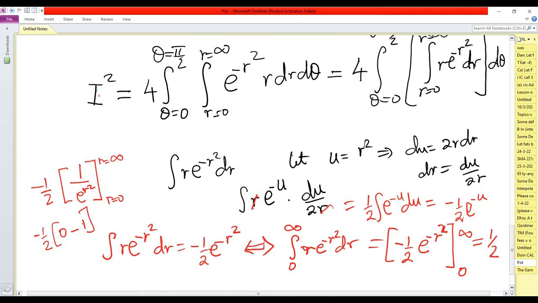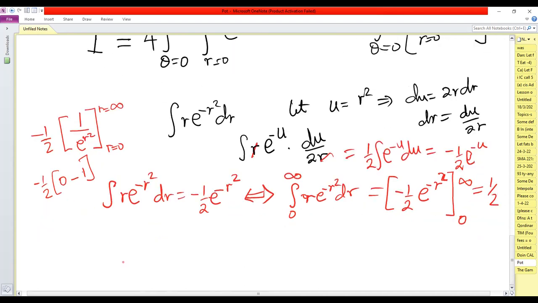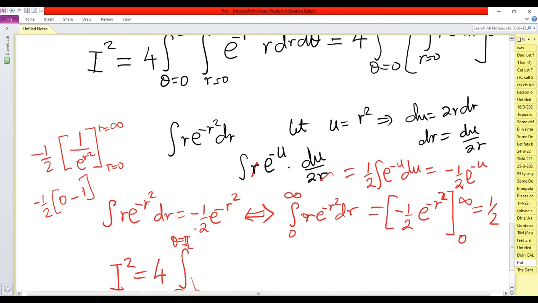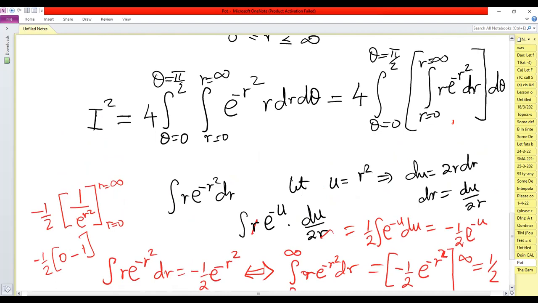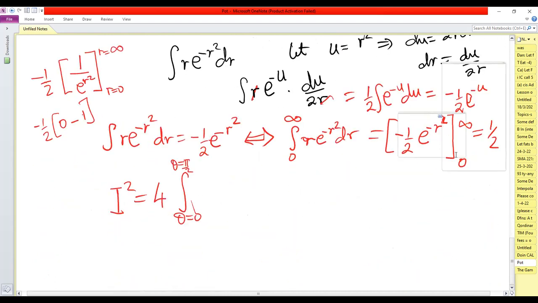So therefore, I squared will be given by 4 times the integral of theta from 0 to pi over 2. This value here, we have gotten the answer to be positive a half, so we have a half d theta.